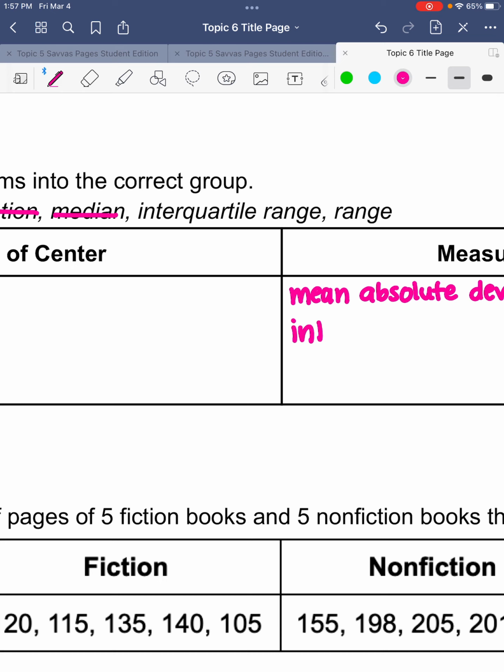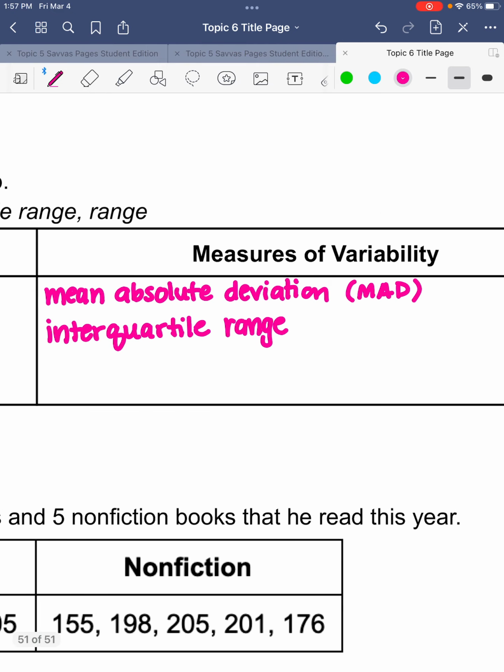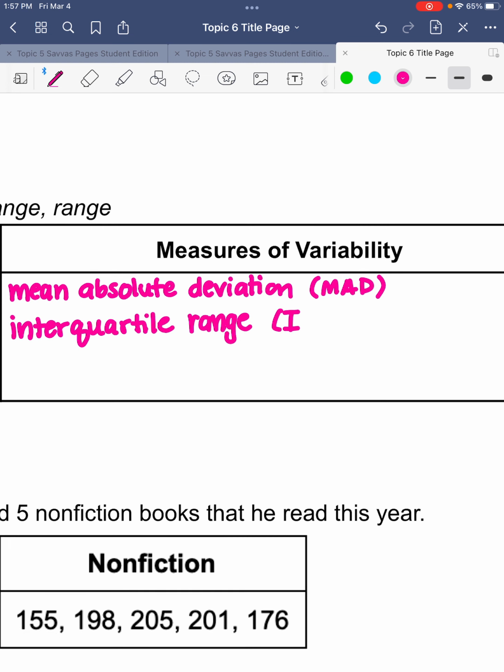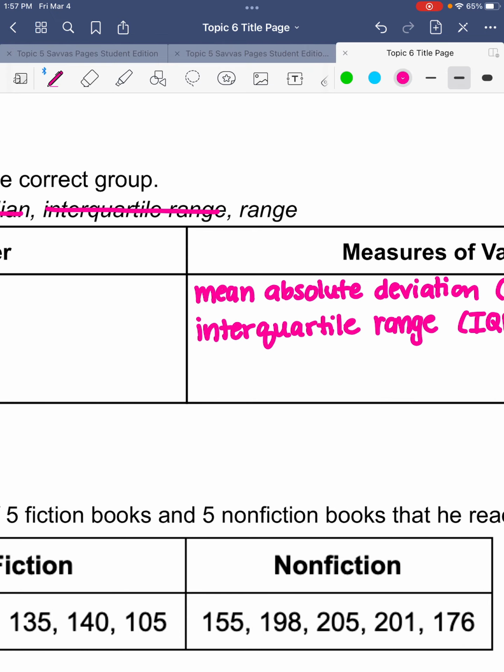So, interquartile range. I'm also going to put that abbreviation there, IQR. You need to know what that means for your test. And then finally, range, the maximum minus the minimum. Well, that tells you how spread out your data is. So the range is also a measure of variability.